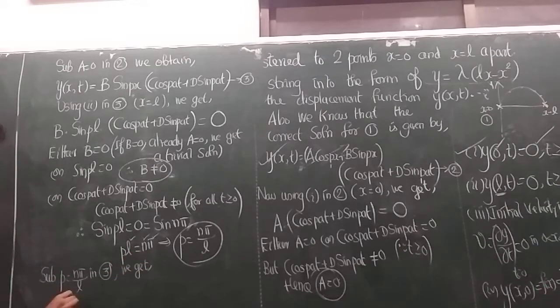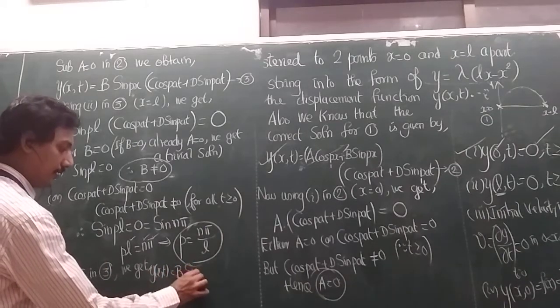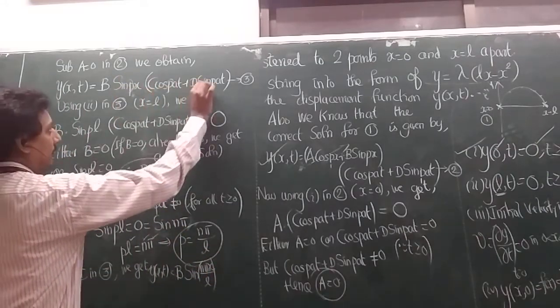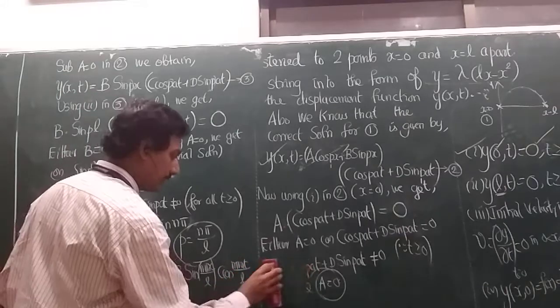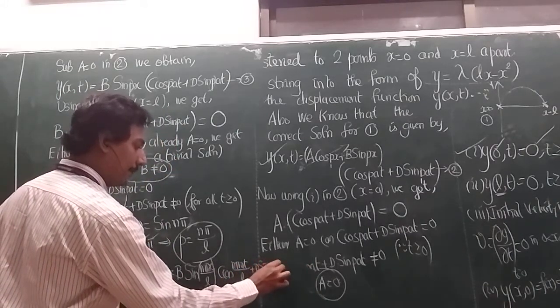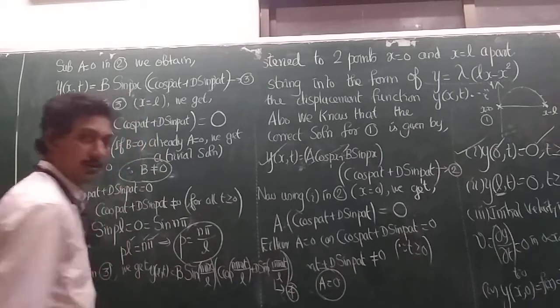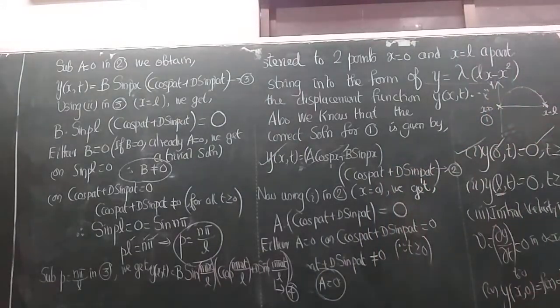We get y of x comma t is equal to b sin n pi x by L, substituting the p value n pi by L, times c cos n pi at by L plus d sin n pi at by L. So this is the latest displacement function, equation number 4. Is that right?